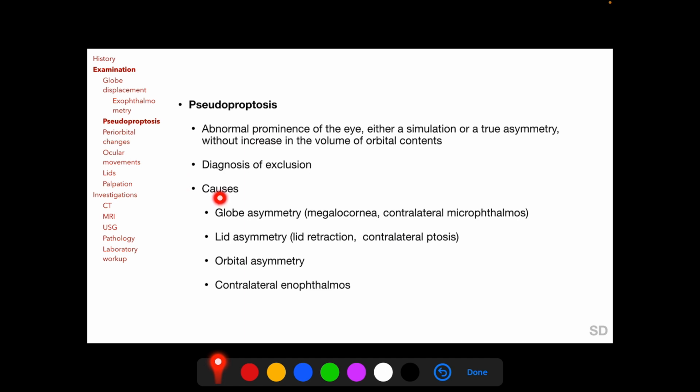Causes of pseudoproptosis can be globe asymmetry, as in megalocornea or contralateral microphthalmos, lid asymmetry, as in lid retraction and contralateral ptosis, orbital asymmetry, or contralateral enophthalmos.